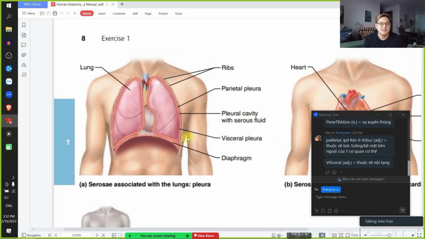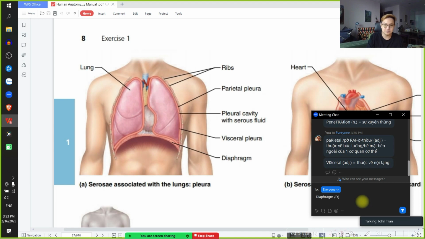Okay. Now, we can have a lot of visceral membranes inside the body. Outer membrane, parietal. But inside we have visceral, okay? And now diaphragm.